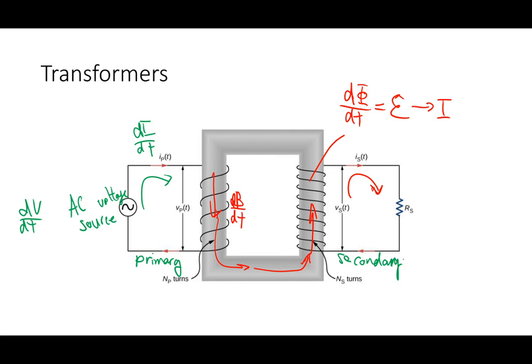These are just fancy names for which one is the input and which one's the output, right? The primary has the input power source hooked onto it. And of course, you see that this setup is completely symmetric, so you can flip it around and use, I guess in this case, the right side as the primary and change the voltage the other way.